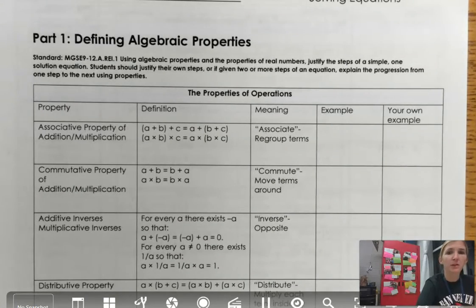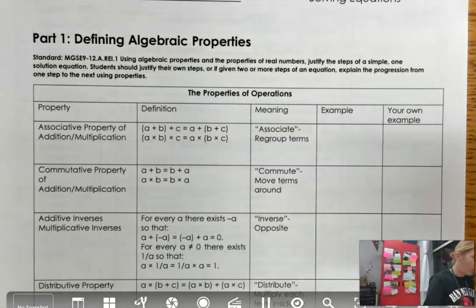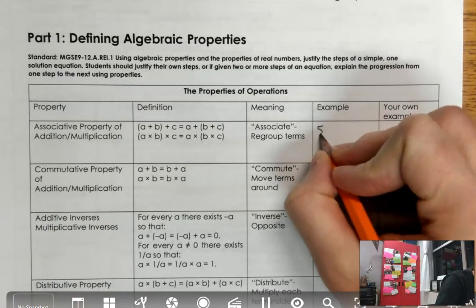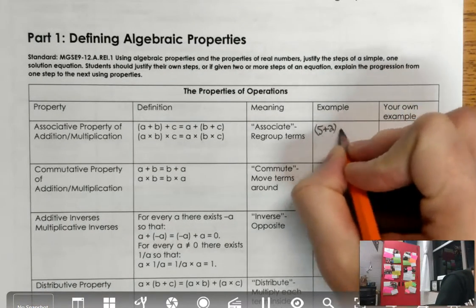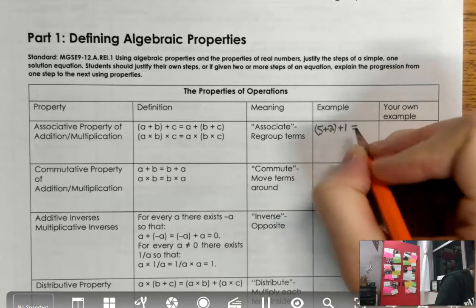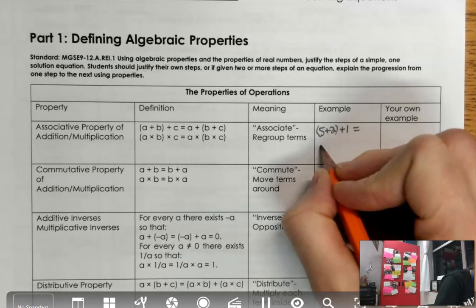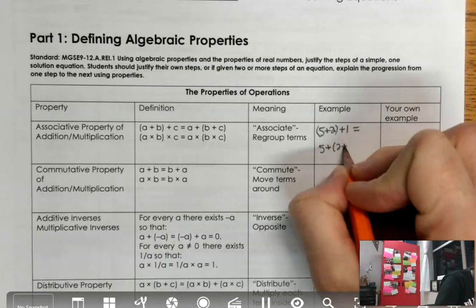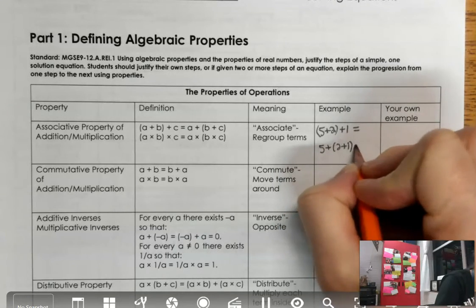So associate means regroup. We know that order doesn't matter when we're talking about addition or multiplication. So that's basically, we're using the associative property if we're rearranging the order of addition and multiplication. So here's an example. If I have 5 plus 2 plus 1, what if I regroup it into 5 plus 2 plus 1?